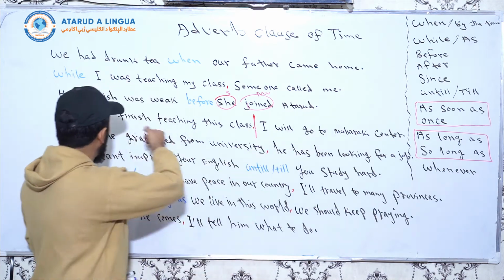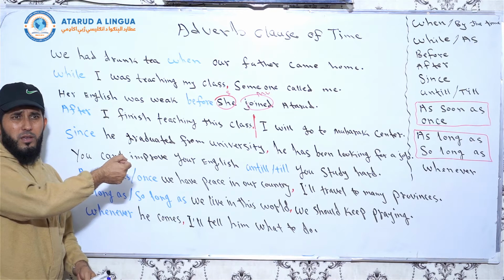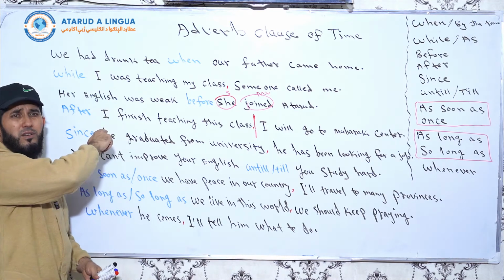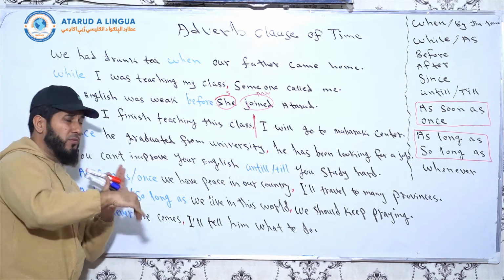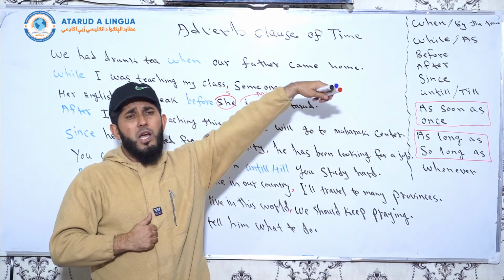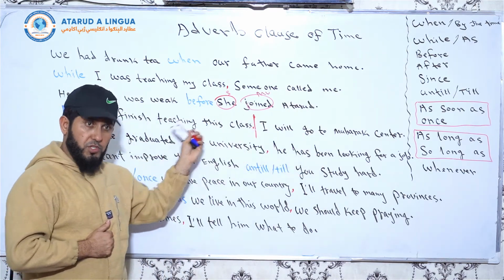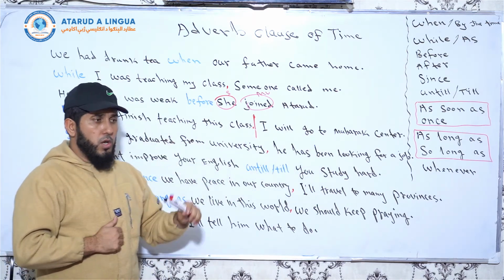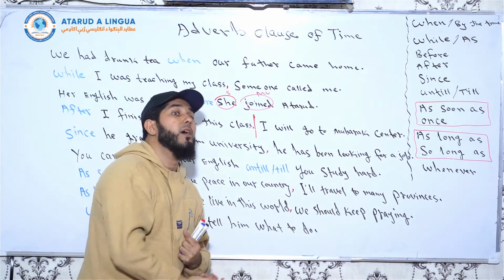Okay? And now, after I finish teaching this class, in your adverb clause, even for example, if you say, after I finish teaching my class tomorrow, I will go to Mubarak Center. Both things happen in the future. For example, okay? But no future tense in adverb clause of time.